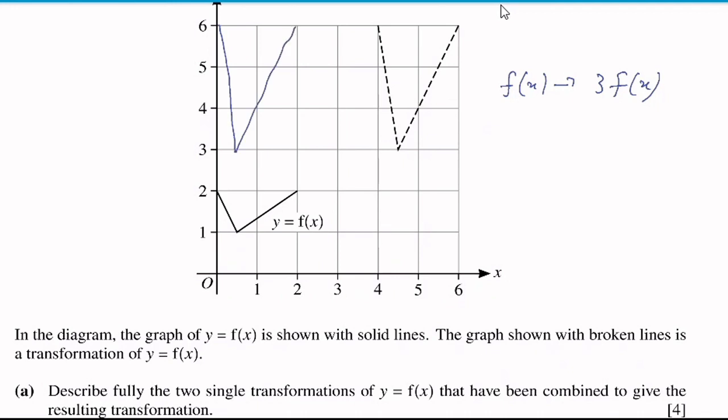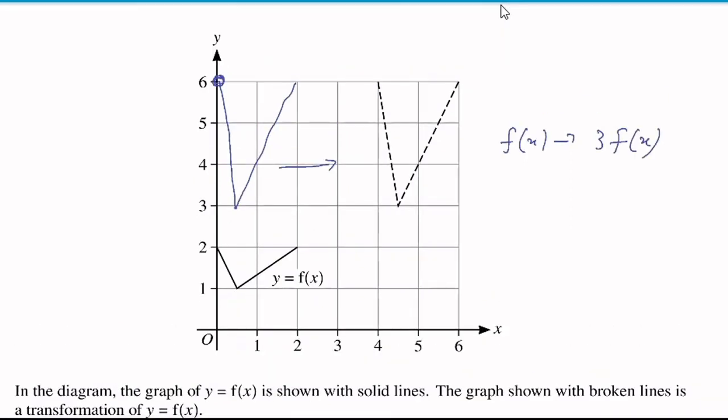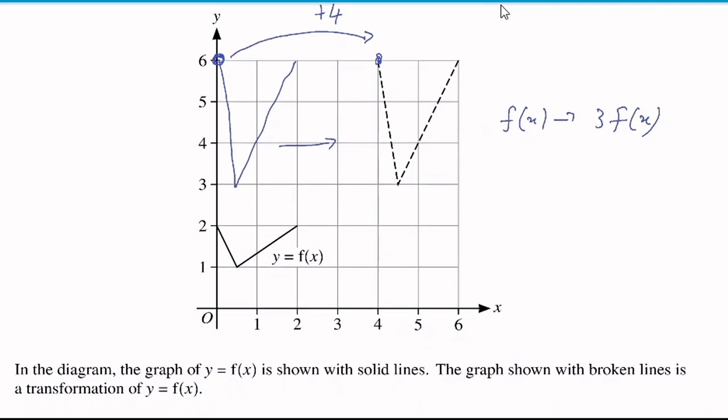And then later on, you just need to do the translation. You just need to move this graph to that. So how many steps have we moved? We can take 1 point to compare. So here it has gone 4 units to the right. So the translation here is (4, 0).